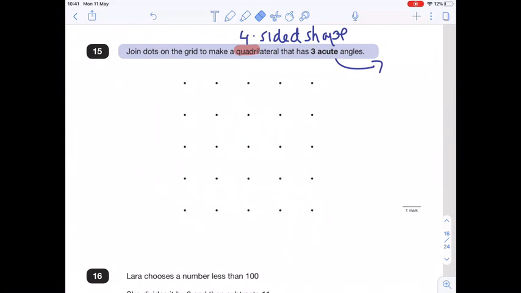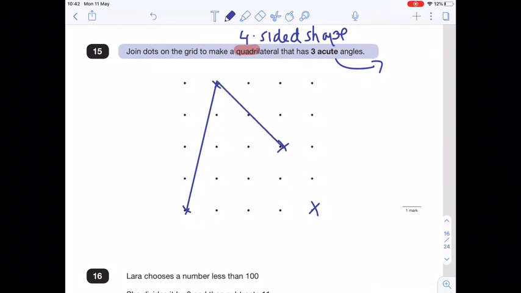Or another possibility might be that you just did an irregular shape, so maybe there, there, there, to there. If we try and join those up, 1, 2, 3, oops, no, that's not going to work, is it?